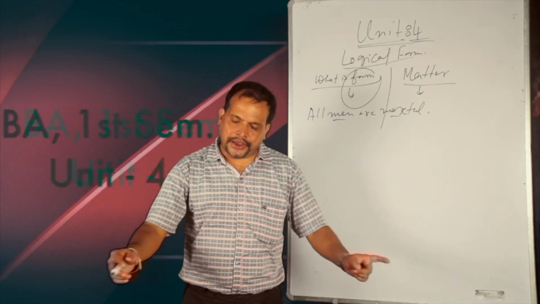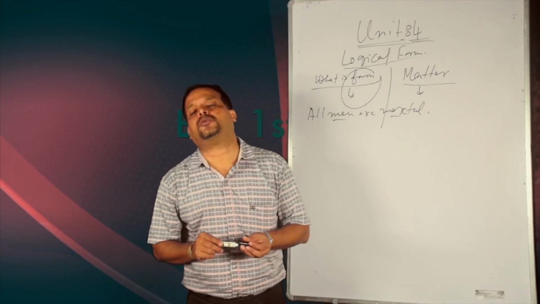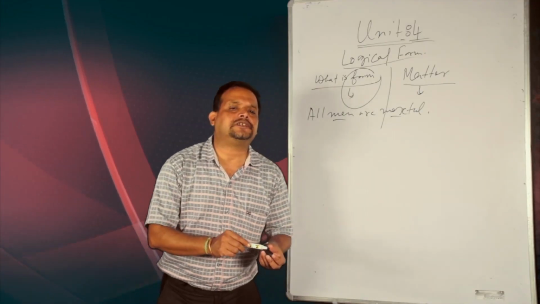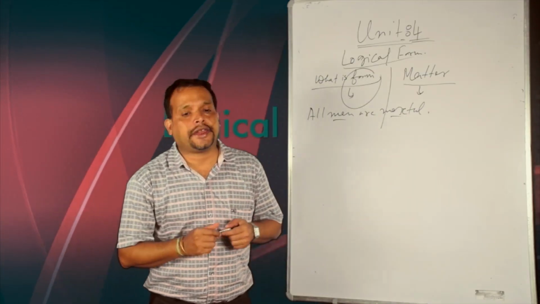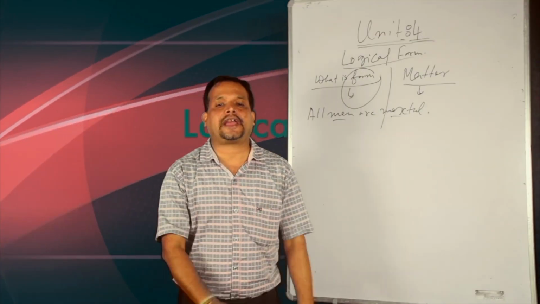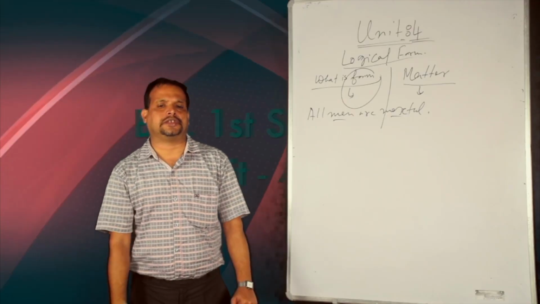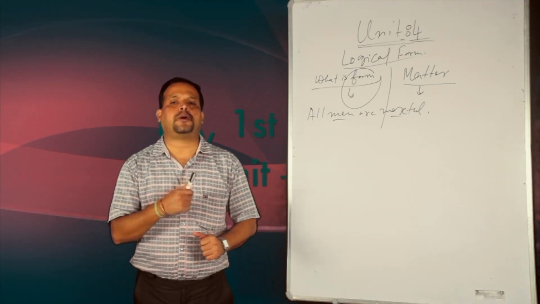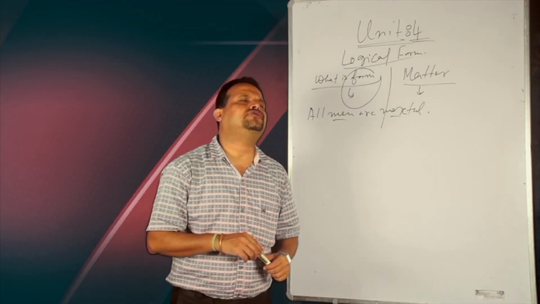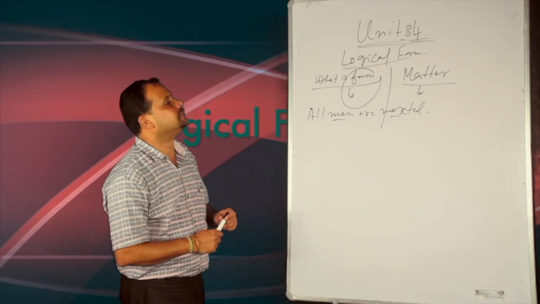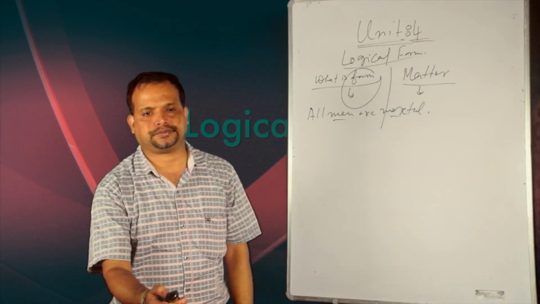Logical form may be defined as the way in which the constituents or the elements of a proposition or argument are arranged to compose and express the proposition and the argument. In other words, it is a type of structural coordination arising out of the mutual relations of the constituents or elements of a proposition or argument.